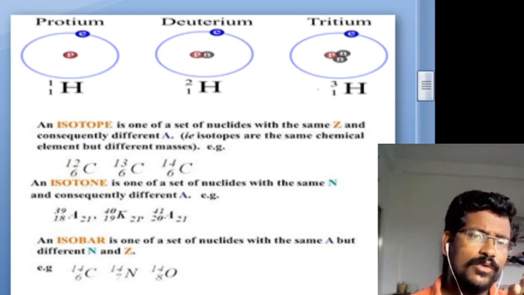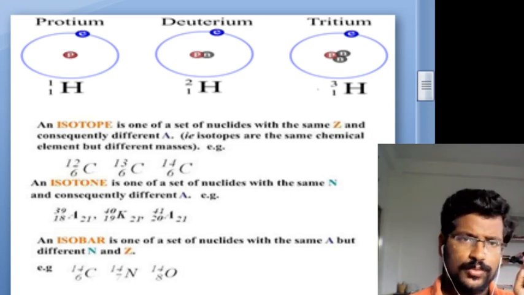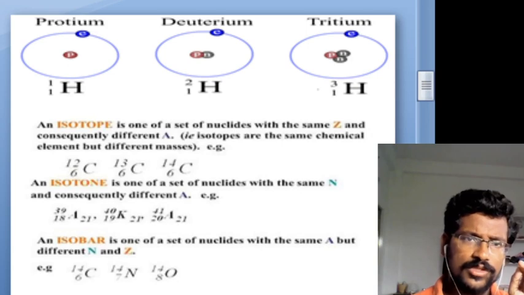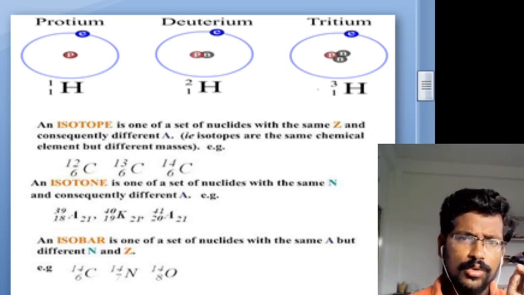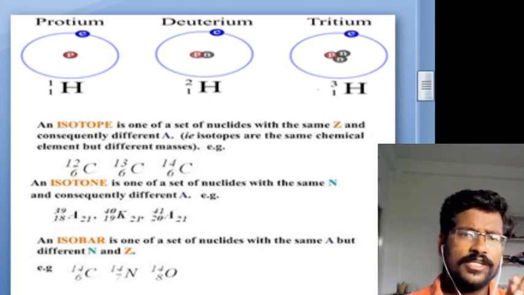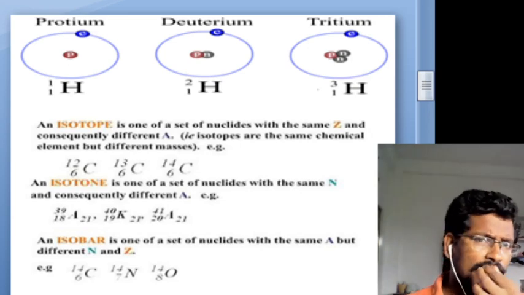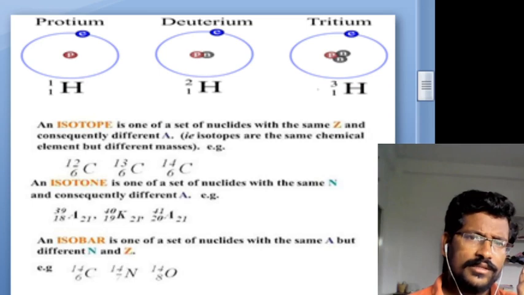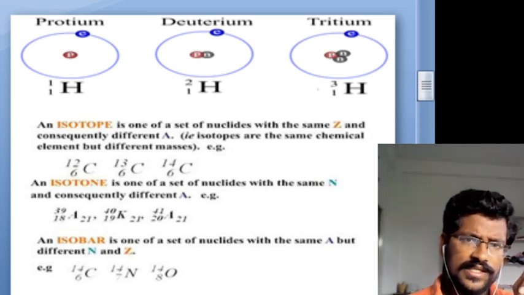The nucleus has one proton and one neutron, because the mass number is 2. This type of isotope is called deuterium. Now we look at another isotope, tritium. Here the nucleus of the hydrogen atom has 3 particles, 1 proton and 2 neutrons. The mass number is 3, but the atomic number is the same in this isotope.